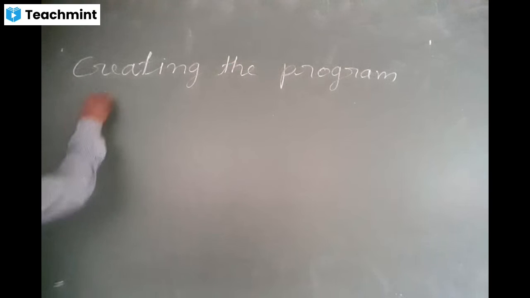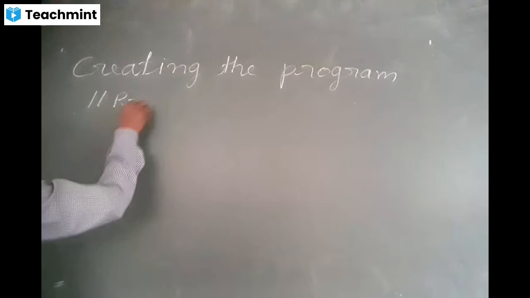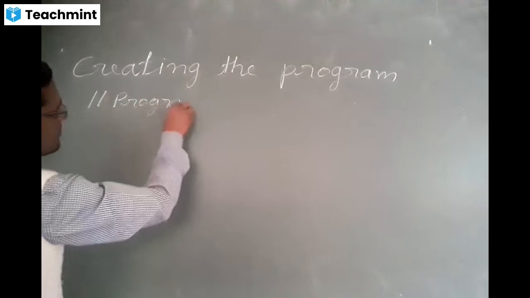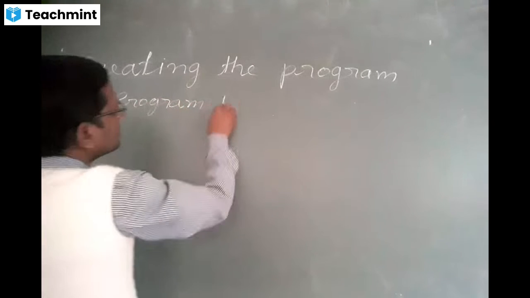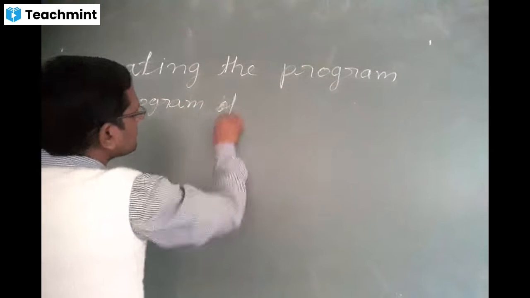For example, here we are writing a simple program that simply prints hello world on the computer screen. In the documentation section, we simply write a double slash, because we are putting the documentation in a single line: program of hello world.